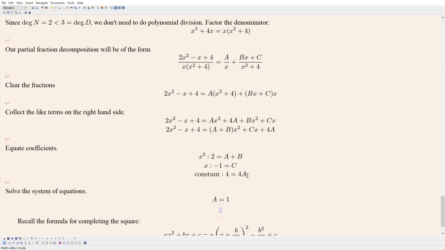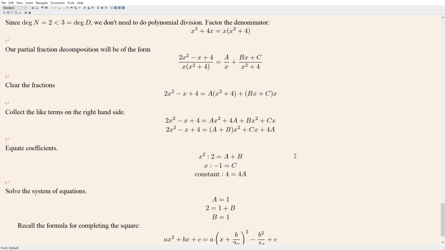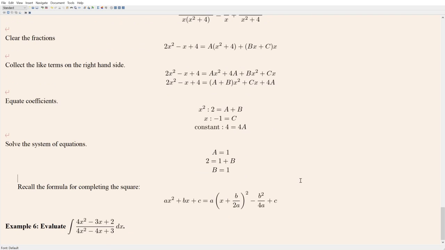And then all we need to do is figure out b. We know that a is equal to 1, so that means 2 is equal to 1 plus b, from which we get b is equal to 2 minus 1, so b is equal to 1. All right, so we got a, we got b, and we got c. And that is all of them.